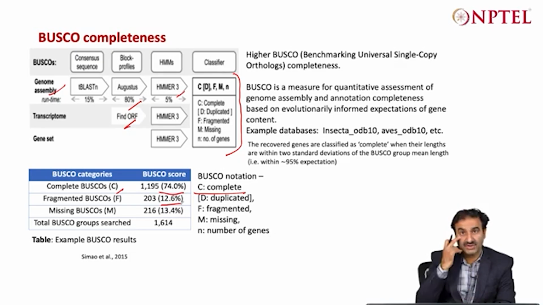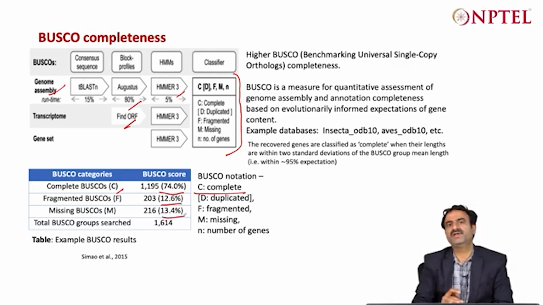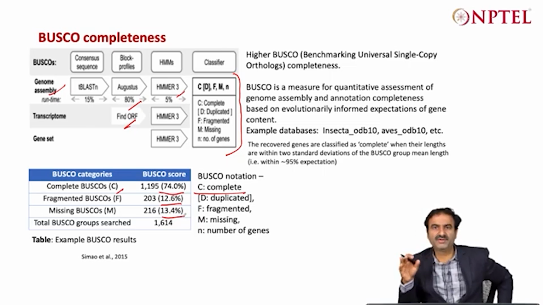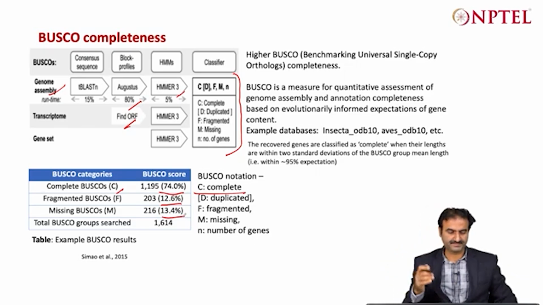That means your genome still has some fragments, and it is not covering those markers well. 13% could not be found. That 13% of the single copy orthologs could not be found is a bad statistic. That means 13% or more of your genome is missing in your assembly, right?